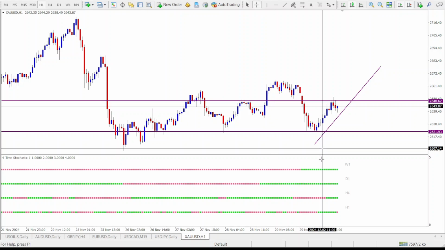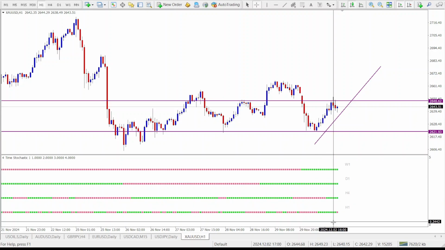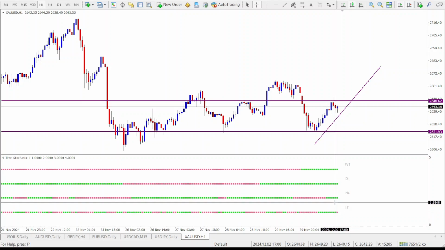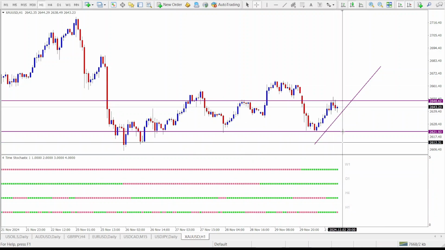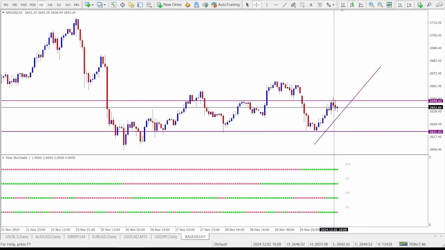As we entered a buy on the 1 hour time frame, we should be looking for the formation of a pink dot on that same 1 hour time frame, not the 4 hours, not the 1 day, not the 1 week, and not smaller time frames. So at the formation of this pink dot, it would have been a good time to exit our buy trade.